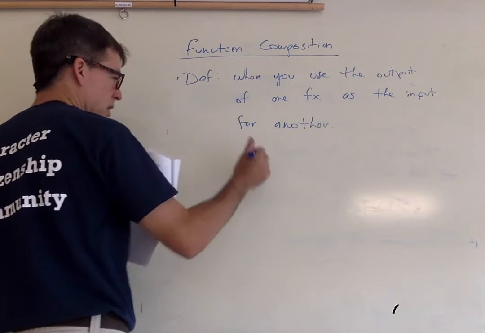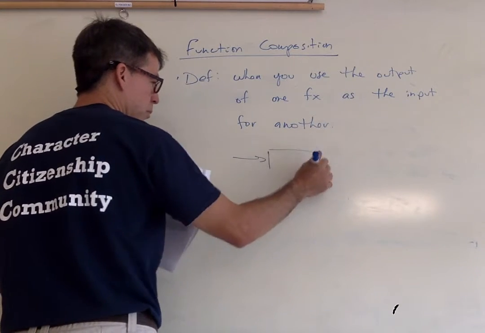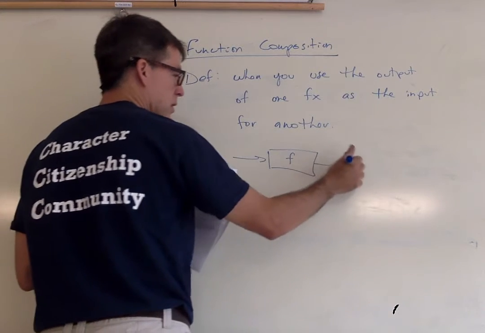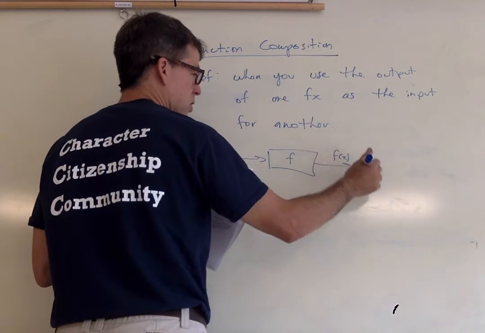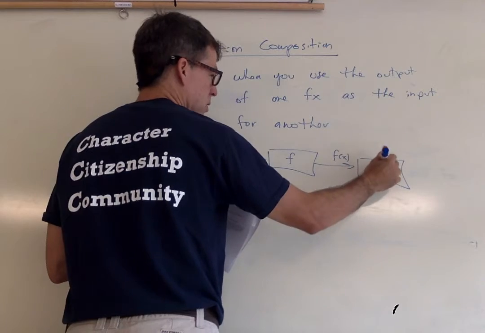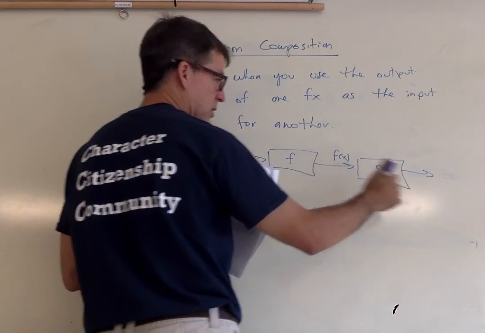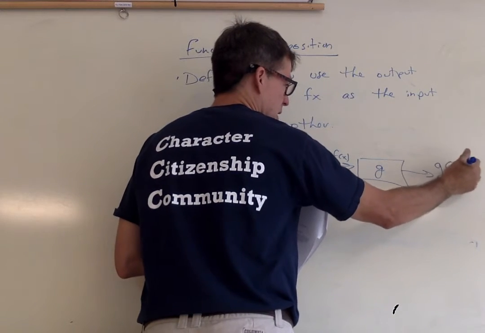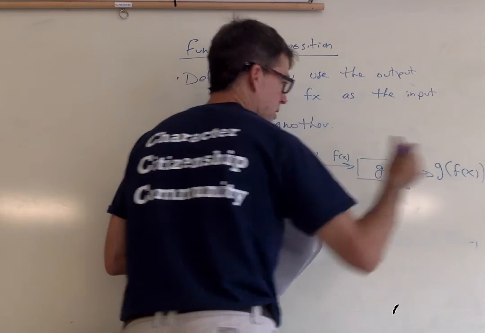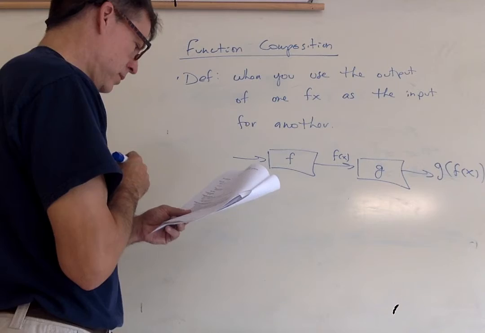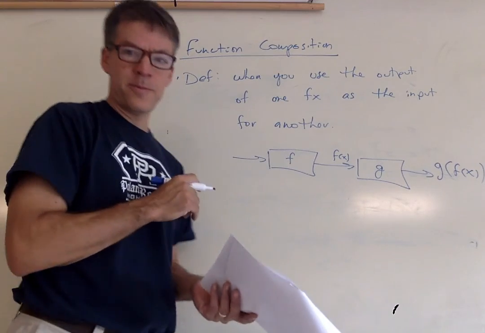You want a picture of that? I'll show you a picture. Here's f. Here's f of x. Here's g. So we're putting f of x into g, right? We would call that g of f of x. Okay? Yay!